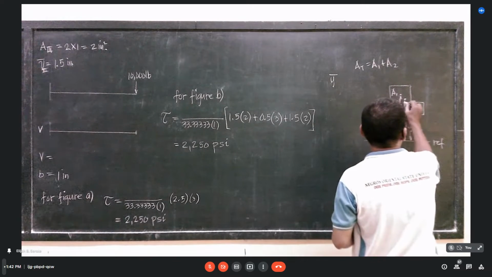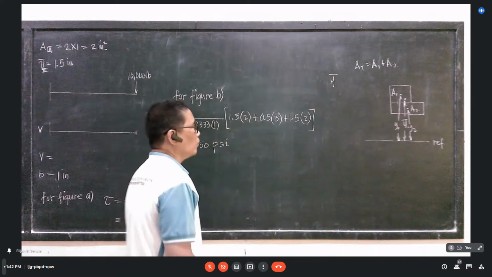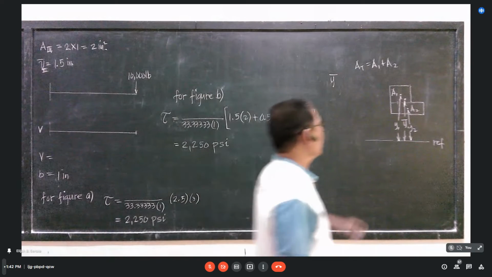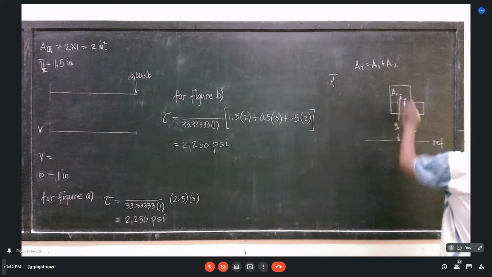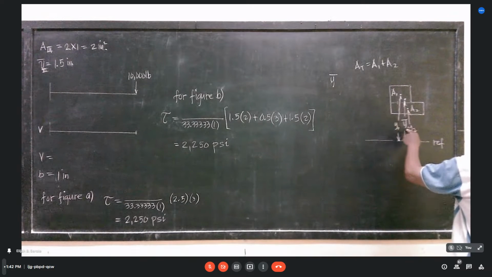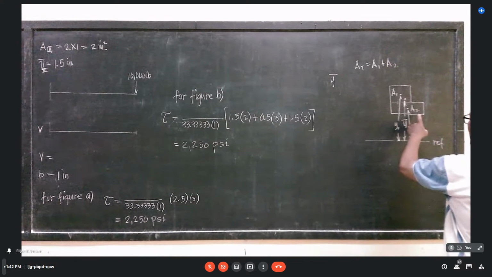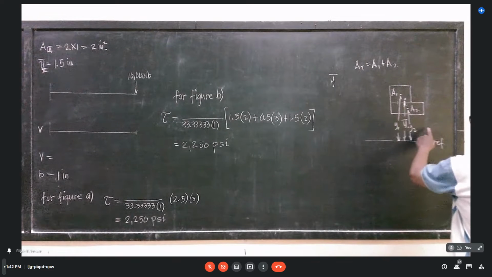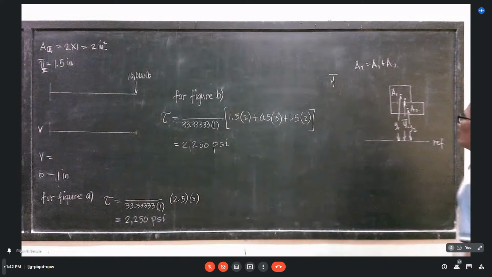Okay. Now, another way of saying what I have mentioned is that the resultant centroid times the total area is equal to the sum of the products of the centroids of each component times its area.